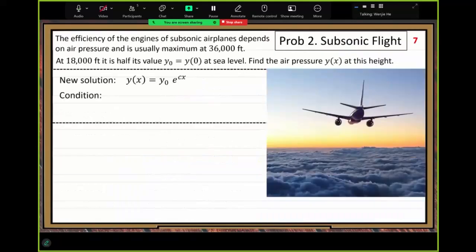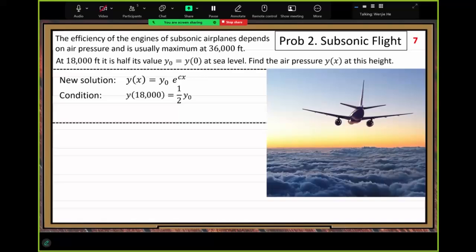Now, what do we have so far? Solution, and then we have a condition. The air pressure value at 18,000 equals 1/2 of the y0. That's our condition. Okay? Given, so we use that condition. Then the goal.